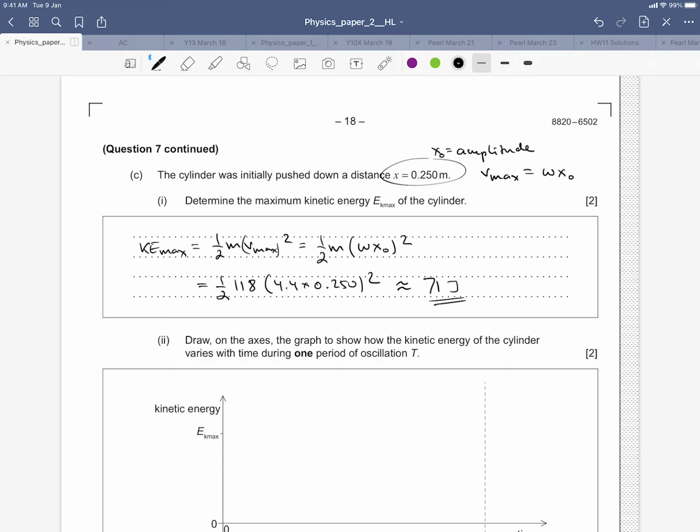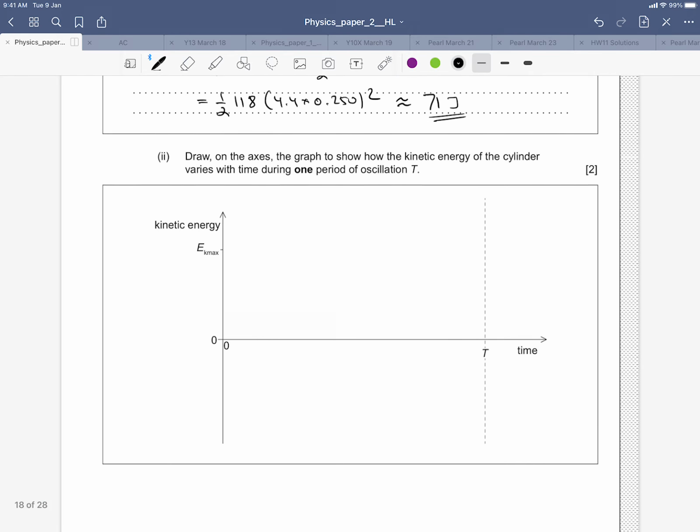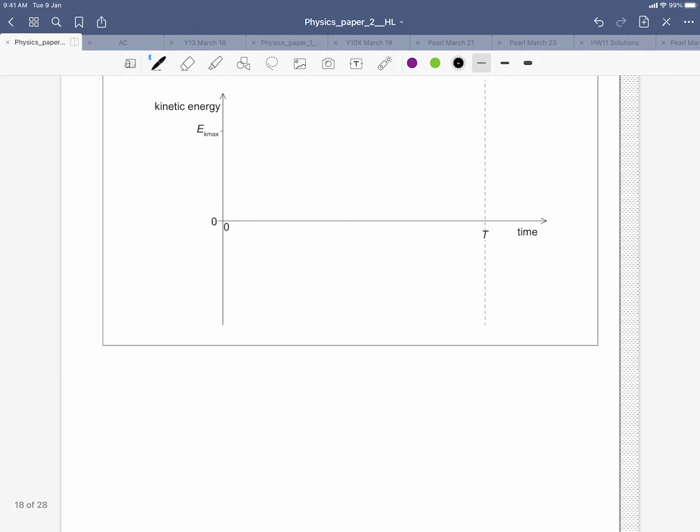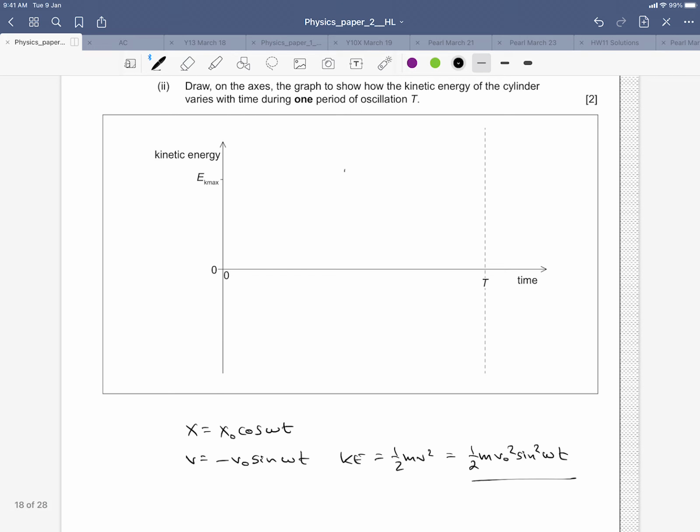We can say when time is 0, say it's at its maximum displacement, this positive value, and that means, of course, if I were to graph the position curve, I get a cosine, which means the velocity would give me a negative sine, and the kinetic energy would therefore be a sine squared, right? So I have to graph a sine squared function, and I know what that looks like.